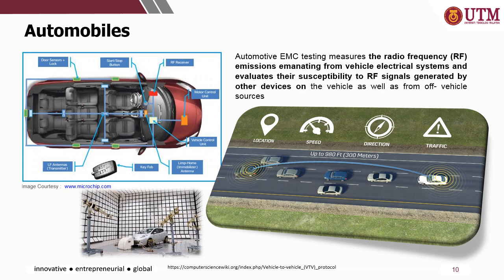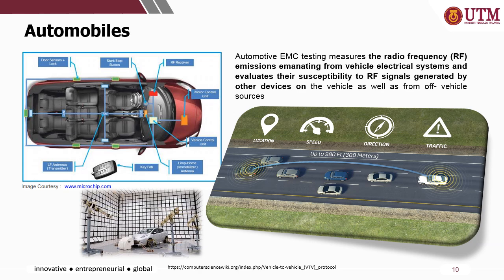Okay, so this is to ensure that there's no signal disturbance in the communication between cars, or between the cars and the smart system, for example smart traffic lights, smart lamps, and so on.